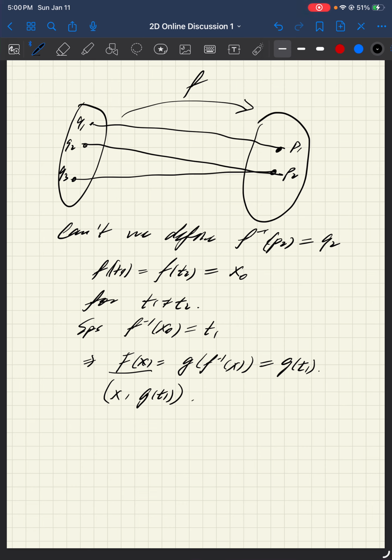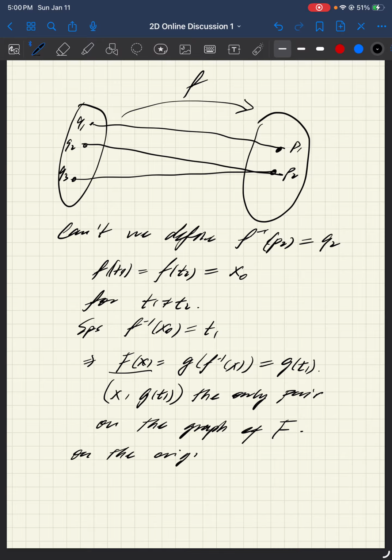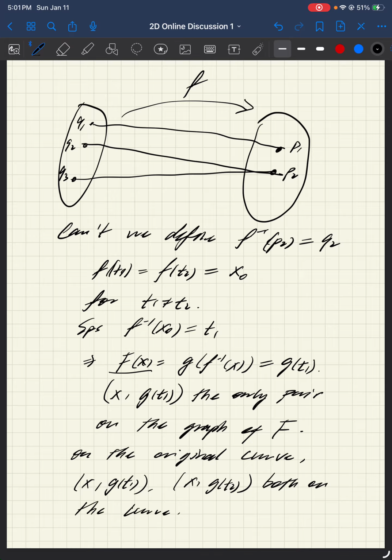This is the only pair on the graph of F. But on the original curve, I have both (x, g(t1)) and (x, g(t2)). These two pairs are both on the curve.